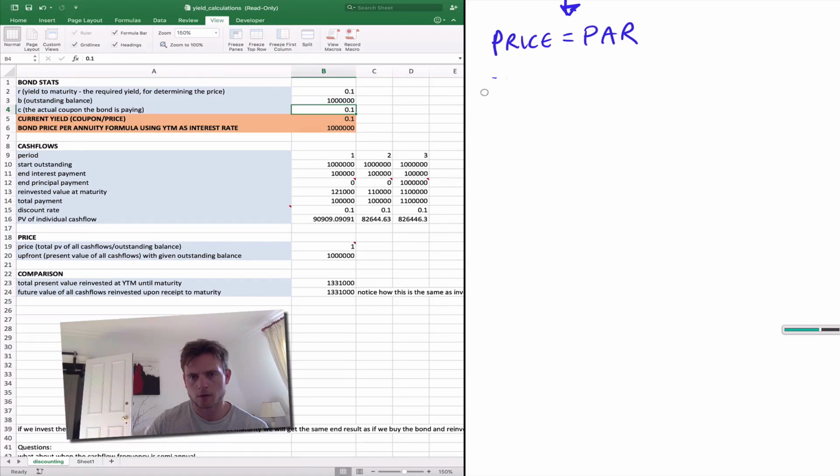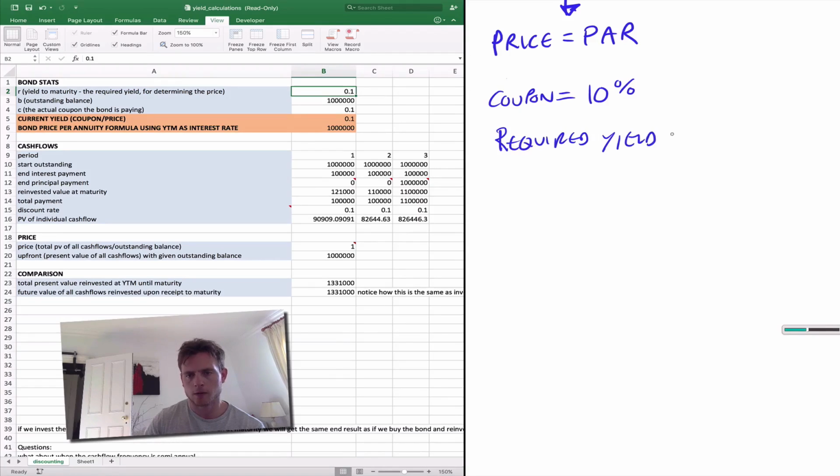So the coupon, as you can see over here, is 10%. And let's say also that in the wider marketplace in general, the prevailing interest rates for comparable investments are also around 10%. So the required yield to maturity is also 10%.